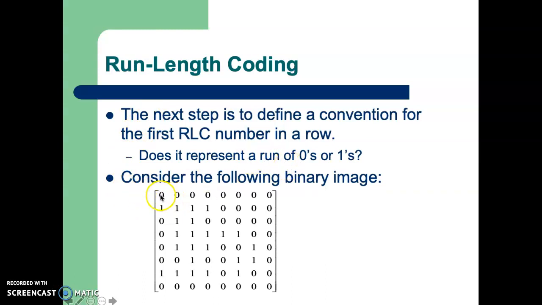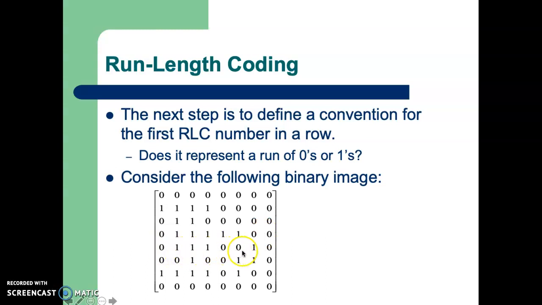If the first run is 0, then you just directly start counting. In the first row, there will be 8 zeros. In the second row, since it starts with 1, you have to count the number of 0 first. Means there is no 0, so it will be 0, and then start counting the pixels of 1. There will be 4 and 4. Next, the row starts with 0, so you directly count: 1, 2, 5. Then 1, 5, 2.